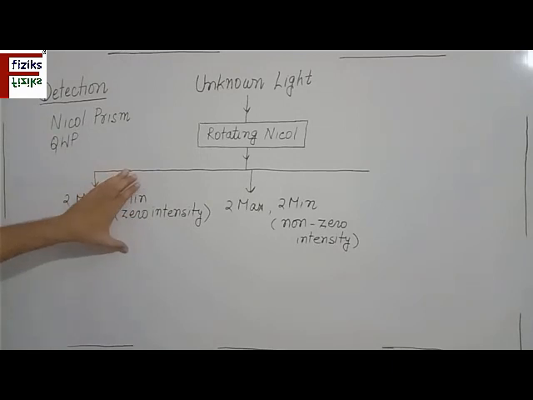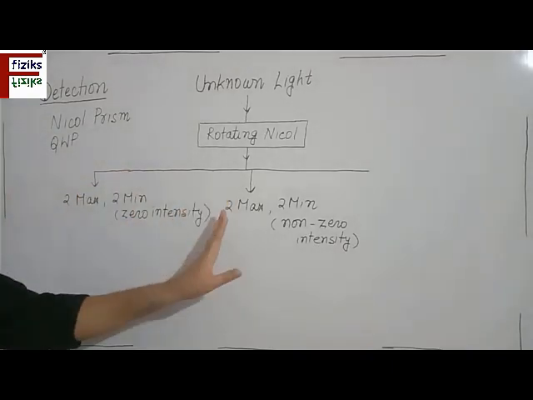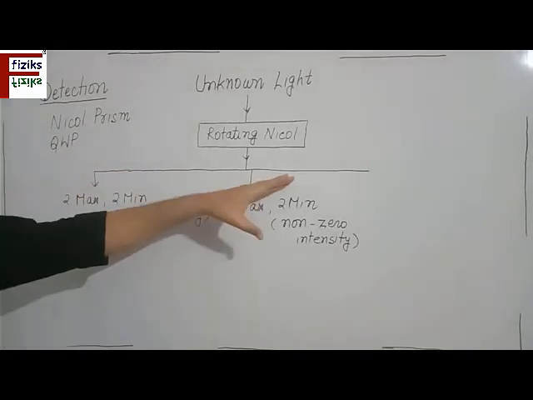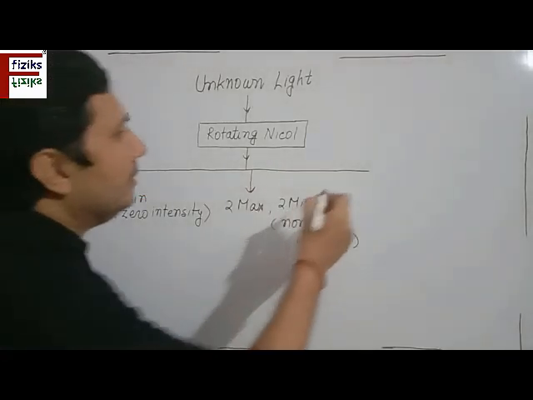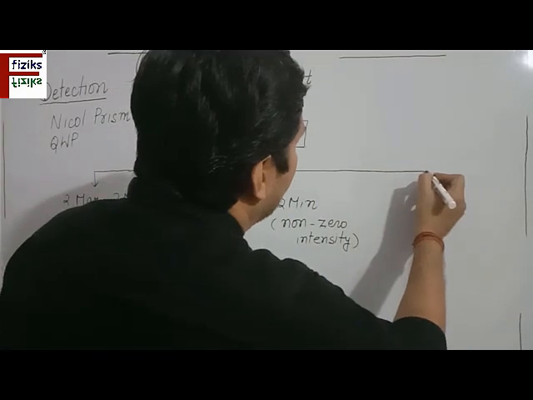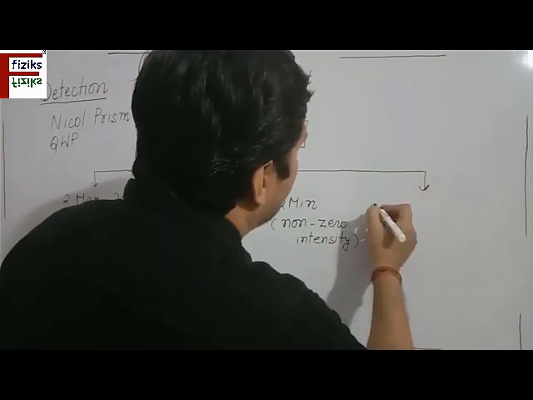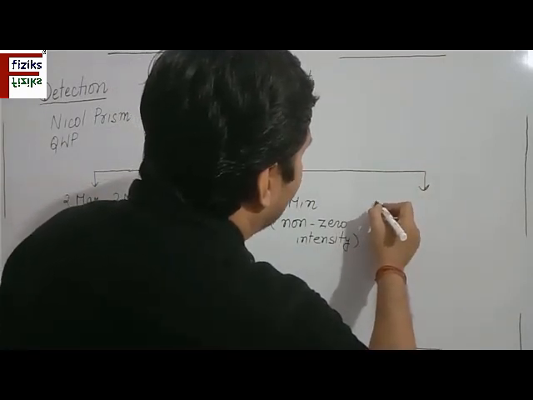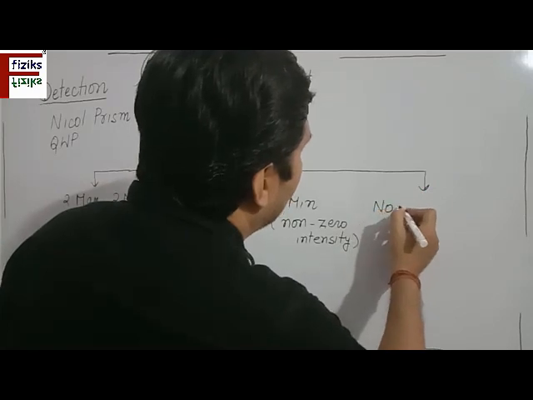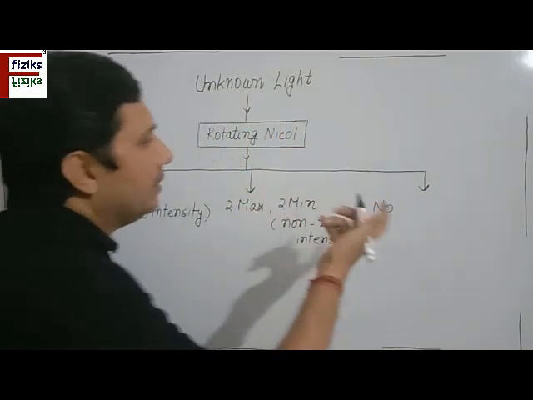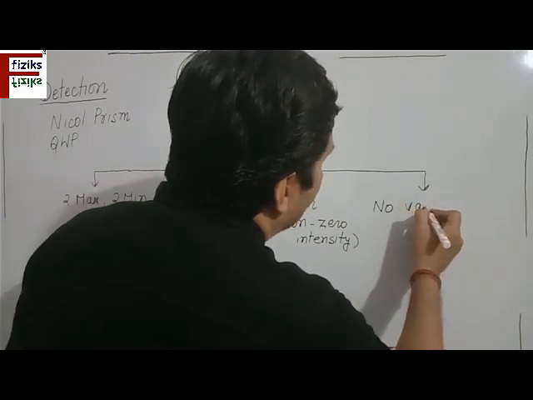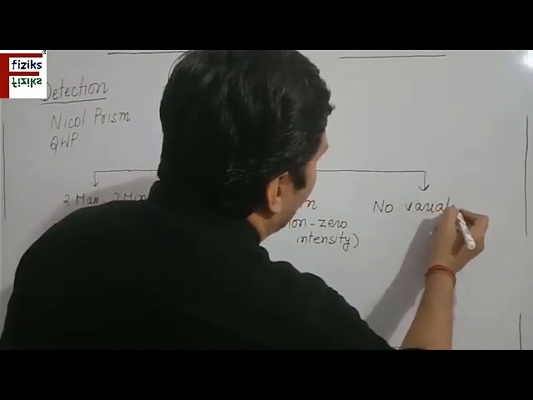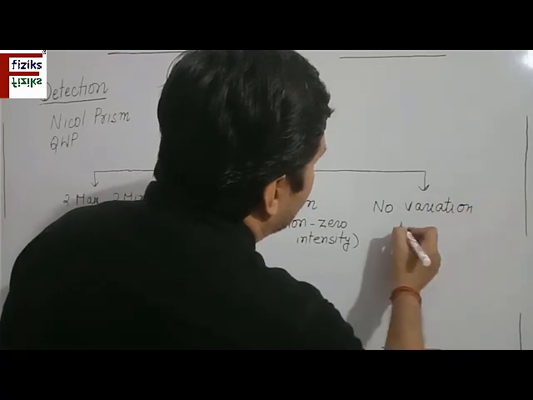This can be one case. Another case can be two maximas and two minimas with non-zero intensity. And in third situation that can arise here, there will be no variation in intensity. We can find out that during one rotation there is no variation in intensity.